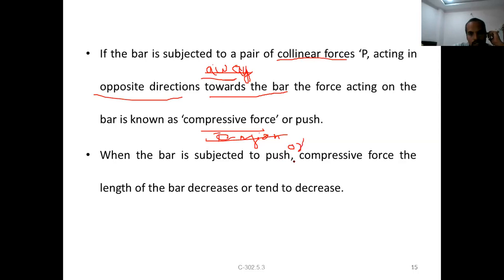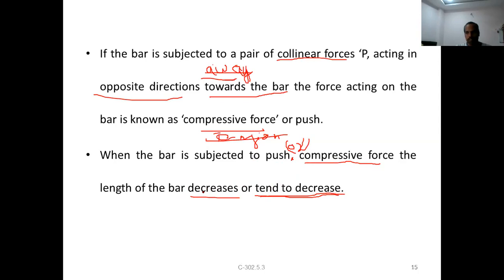Subject to push or compressive force, the length of the bar, what happens? Increased or decreased? Decreased. In the case of compressive force, the length of the bar decreases or tends to decrease. Of course, every time it may or may not decrease, but that force will try to decrease the member.